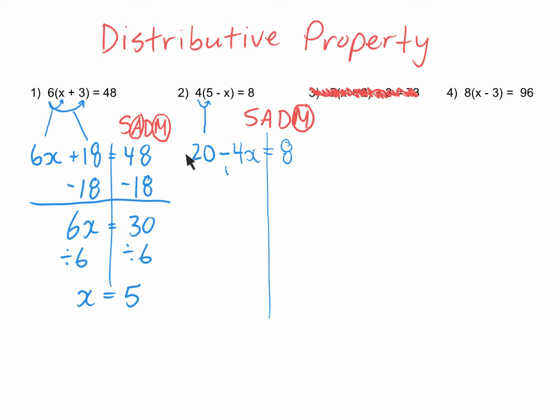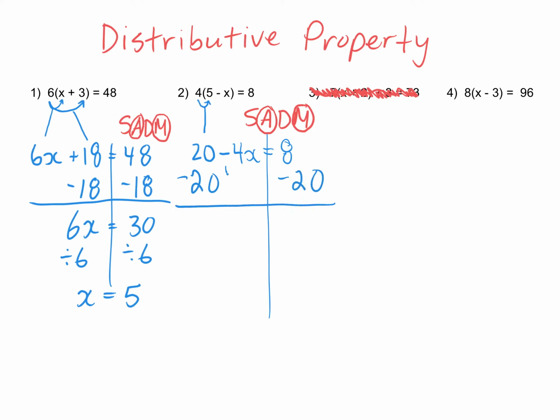We know it's positive because there's no sign beside it. So this is actually addition. To get rid of this, we would need to subtract it because it's positive. So the first thing we're going to do is subtract 20 from both sides.